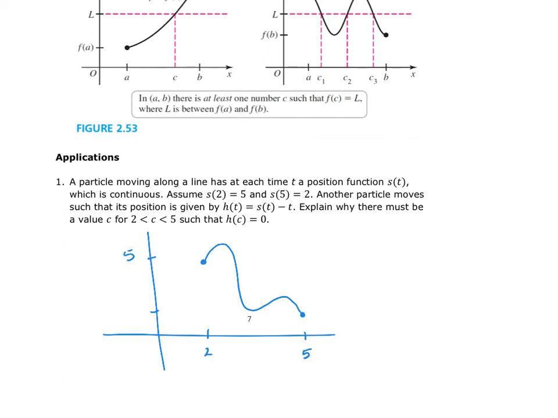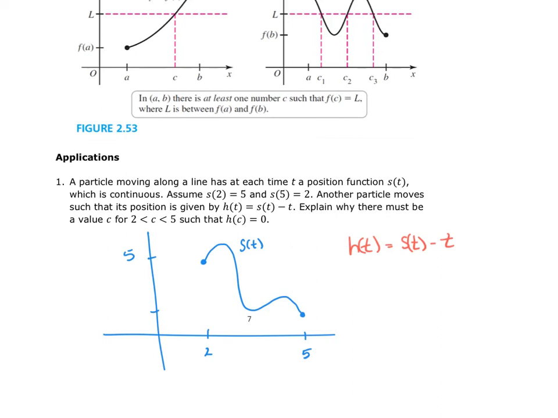And this is my function s of t. Now, s of t is a continuous function. h of t is going to be s of t minus t. Now, there has to be some value c within there so that h of c is equal to 0.